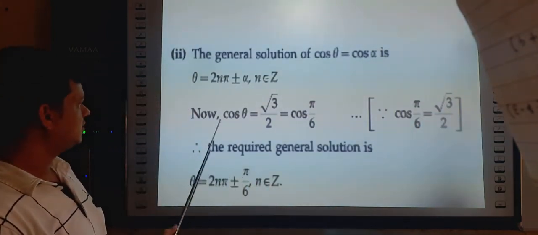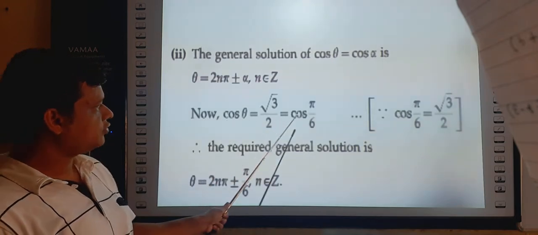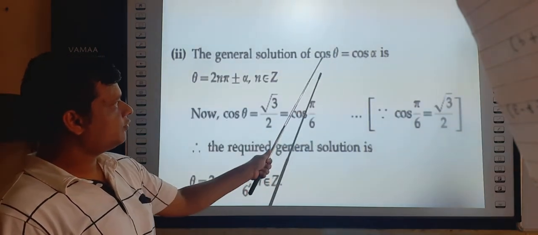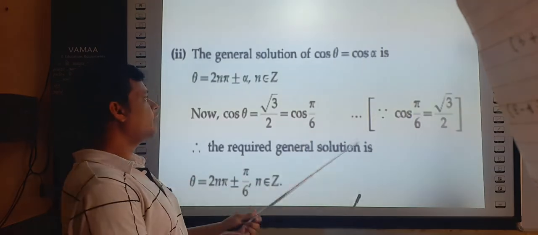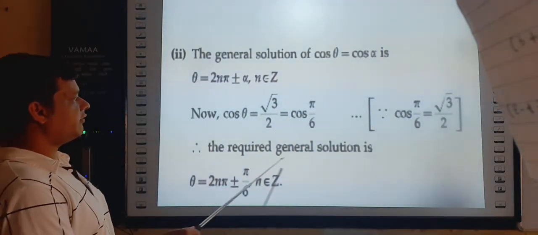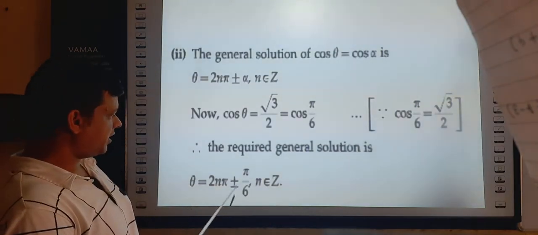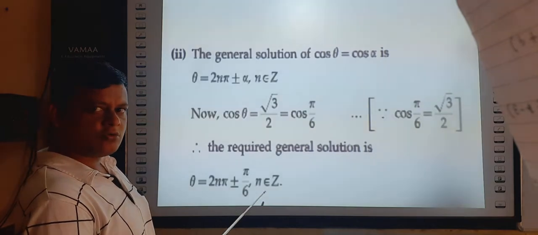So the equation is of the form cos theta equals cos pi by 6, that is of the form cos theta equals cos alpha. So we have to replace alpha by pi by 6. Therefore the required general solution is theta equals twice n pi plus or minus pi by 6, n belongs to Z.